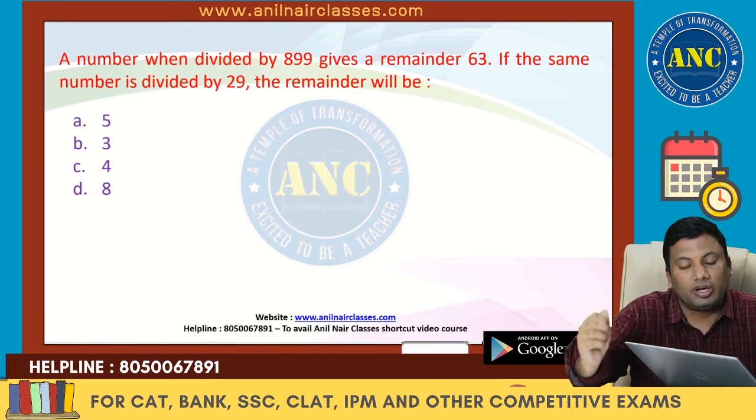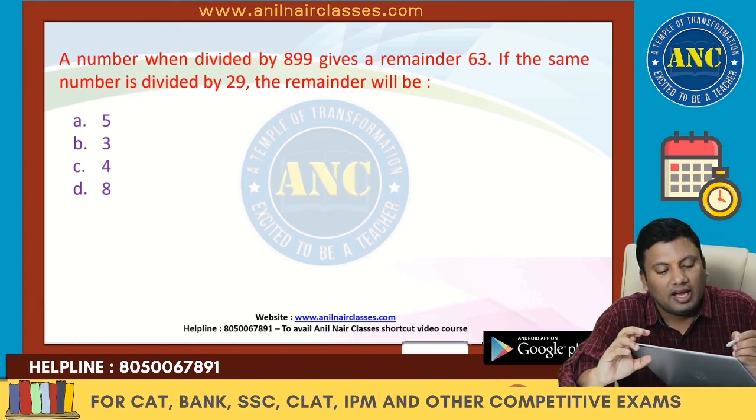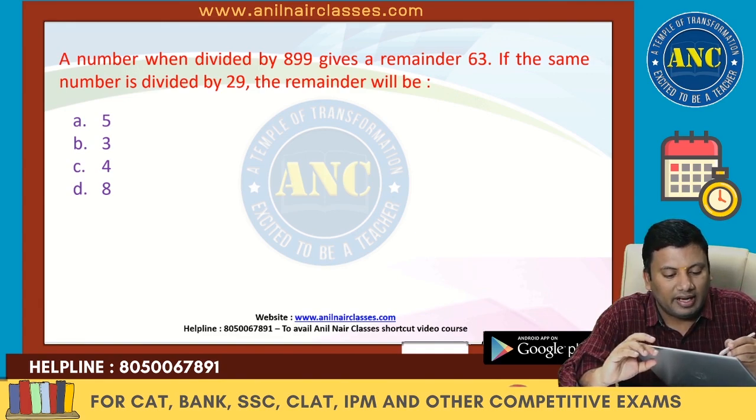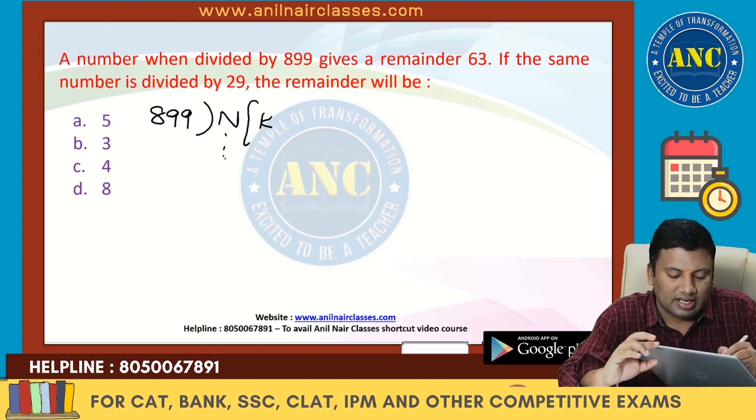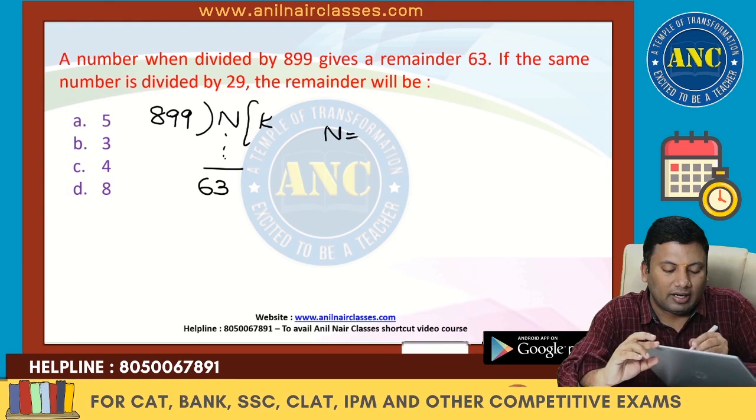Dividend equivalent to divisor into quotient plus remainder. A number when divided by 899, the quotient is k and the remainder is 63. So this is nothing but 899k plus 63.